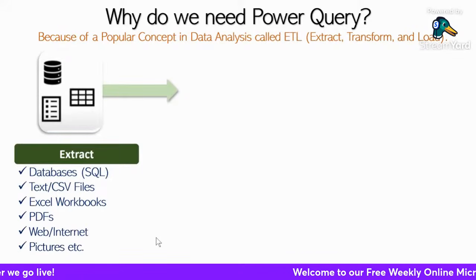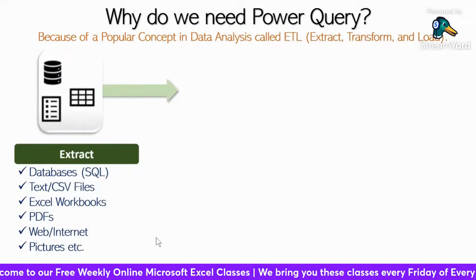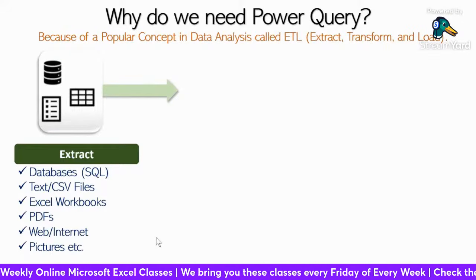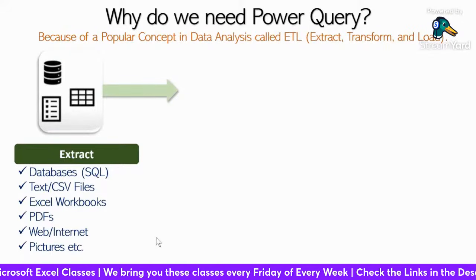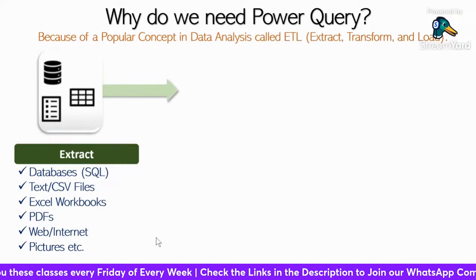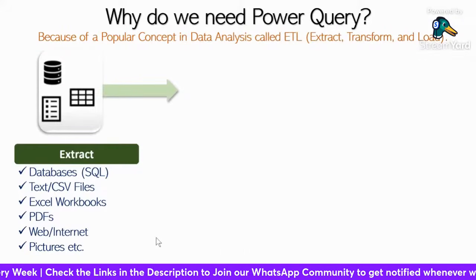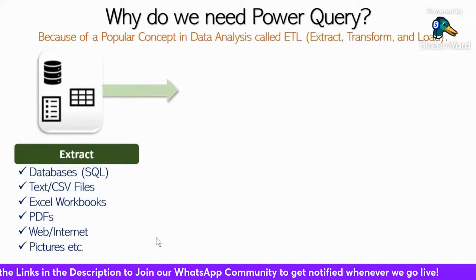The extract part of things. You extract data, or you connect your data analytics tool to different sources and pick data either from databases or from text or CSV files. You can also pick data from Excel workbooks, standalone files. You can connect to PDFs. I'll be showing you some of these things practically in this particular session.